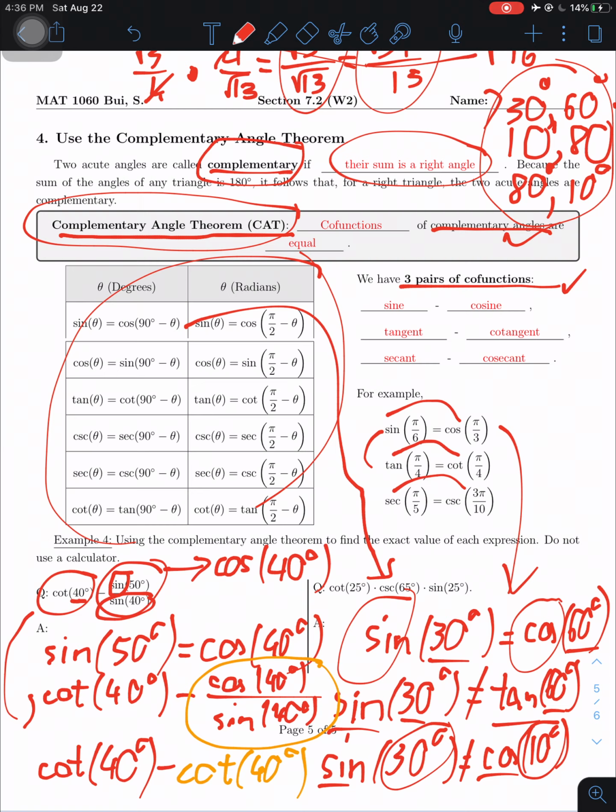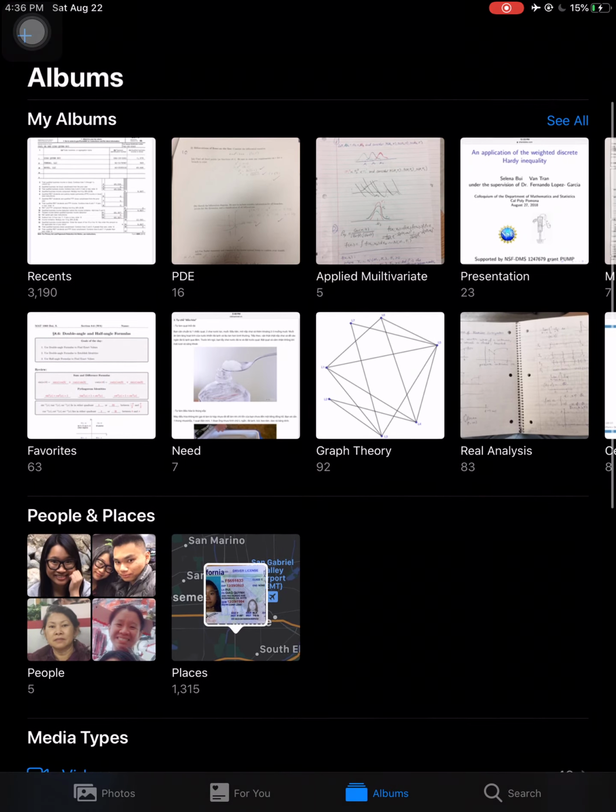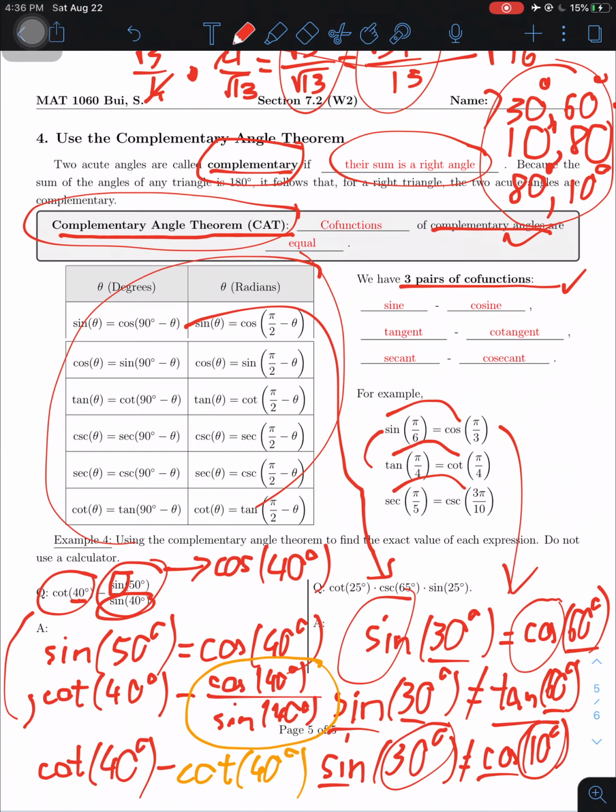The cotangent in orange comes from cosine divided by sine. It's one of the identities in the table, the quotient identity. So these cancel out, cotangent with cotangent, and it equals 0. So 0 is the final answer for this one.